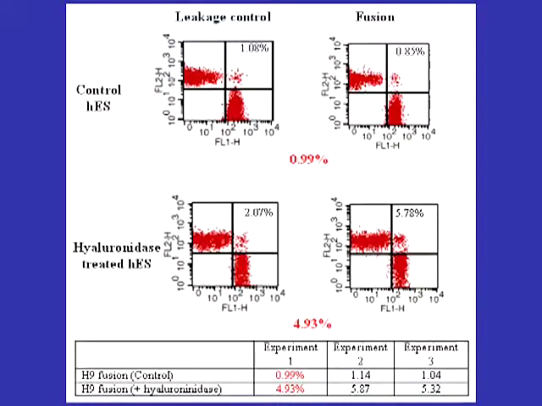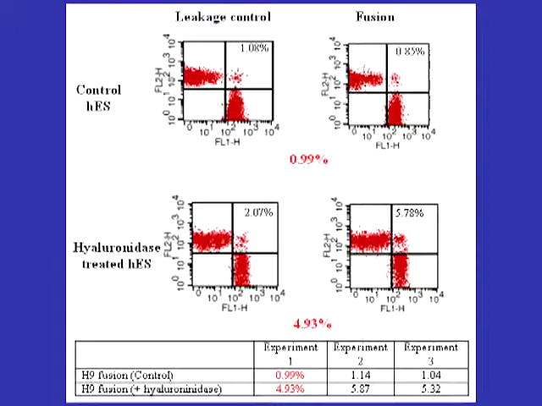This slide, I suppose, contains 4 histograms, but it represents a good 1.5 years of hard slog during my PhD, because unfortunately for me, human ES cells are far less fusogenic than mouse ES cells, and I spent 1.5 years trying to increase their fusogenicity, and tried many different things.